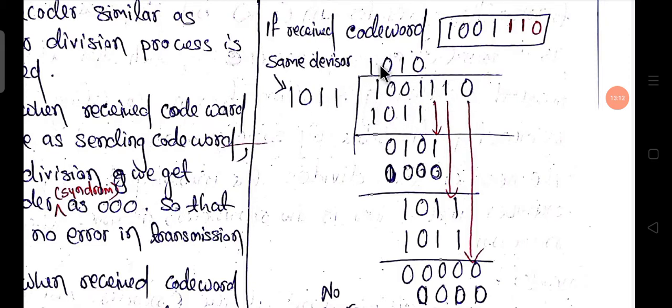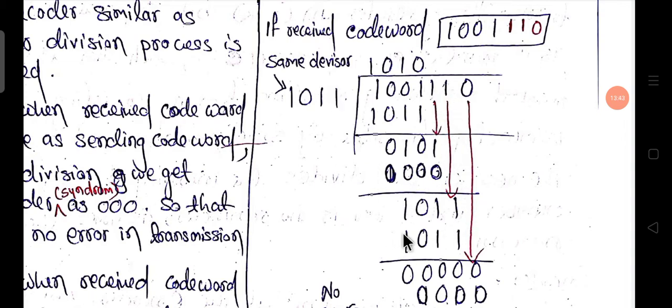Here also the XOR concept: 1 1 similar, so 0; 0 1 dissimilar, so 1; 0 0 similar, so 0, and the next bit is dropped. Here the leftmost bit is 0, so all zeros. Then 1 0 is dissimilar, so 1; 0 0 similar, so 0; 1 0 dissimilar, so 1, and the next bit is dropped.